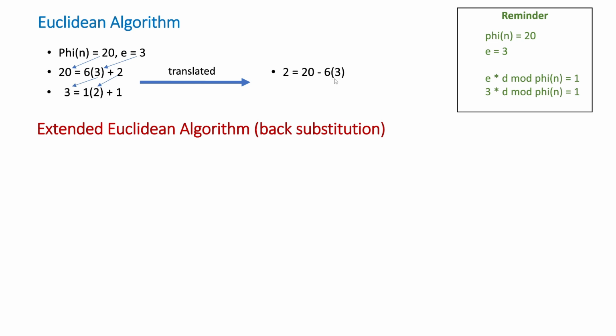So what's 6 times 3? It's 18. 20 minus 18 equals 2. Cool. Sorted. And then we do it again for the next line. So now we take our remainder, 1, equals 3, this first value, minus 1 times 2, this value with the brackets.